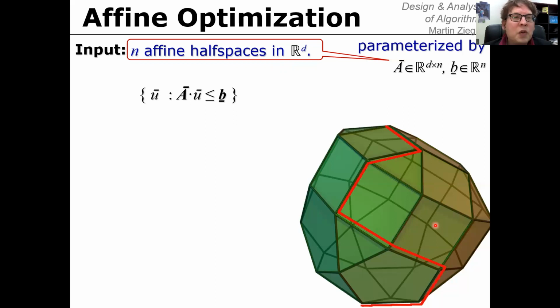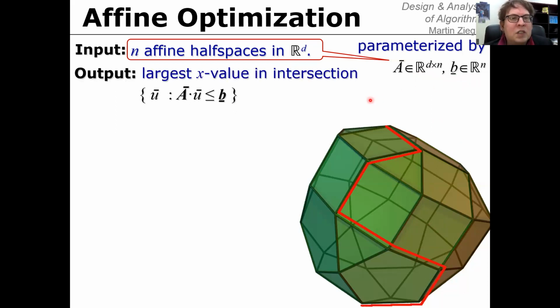So the input, following our paradigm of formally specifying the problem, is n affine half spaces parameterized by such a d times n matrix and an n-dimensional vector. And the output should be the largest value in the intersection of these half spaces.